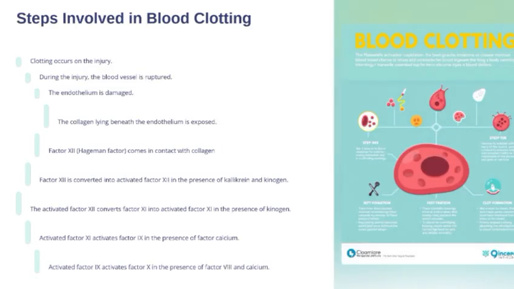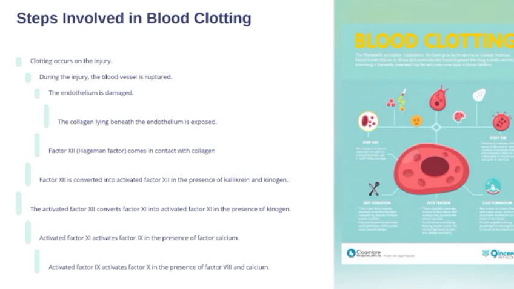Steps involved in blood clotting. Clotting occurs on injury. During the injury, the blood vessel is ruptured. The endothelium is damaged. The collagen lying beneath the endothelium is exposed. Factor 12, Hageman factor, comes in contact with collagen.